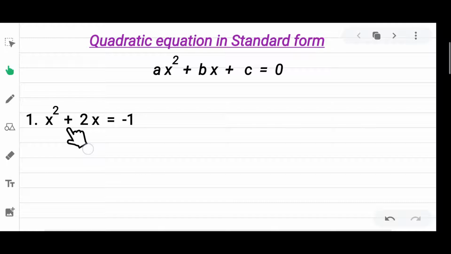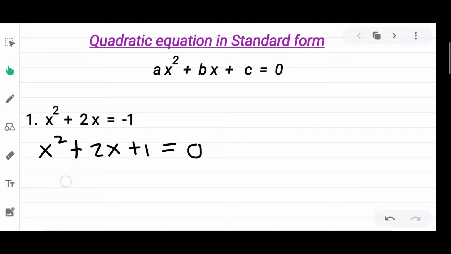So, let's rewrite this equation. So, bring down x squared plus 2x. Kapag nilipat natin si negative 1 sa kabila, siya ay magiging positive 1. Then, wala na naiwan sa labas, right? Kasi nilipat natin. And that's the right time that we put 0.